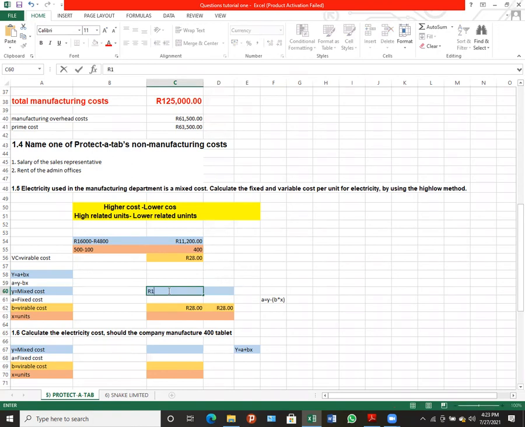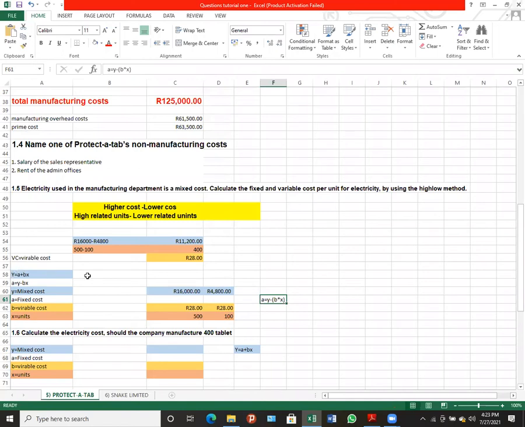Here I have 16,000. Now I'm looking for A. Remember, the formula changes: if you are looking for Y, the formula is like this, but if you are looking for A, the formula is going to be like this, because now the A has jumped the equal sign, and the Y has jumped the equal sign.